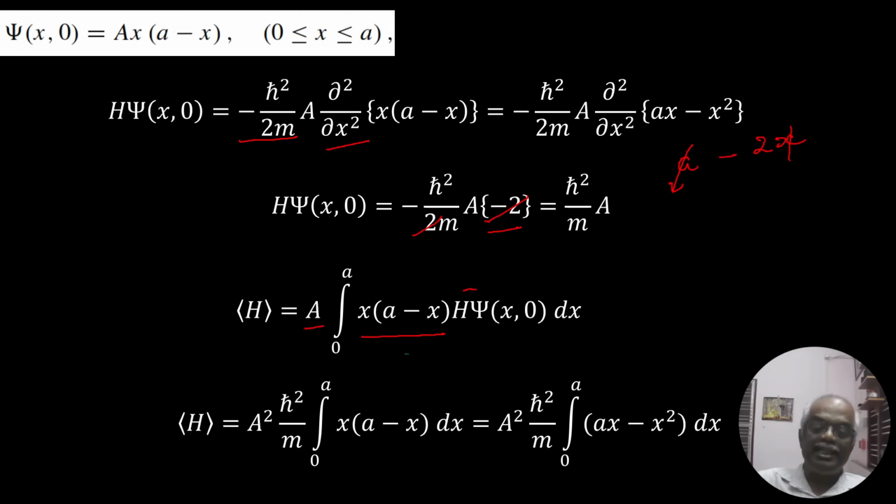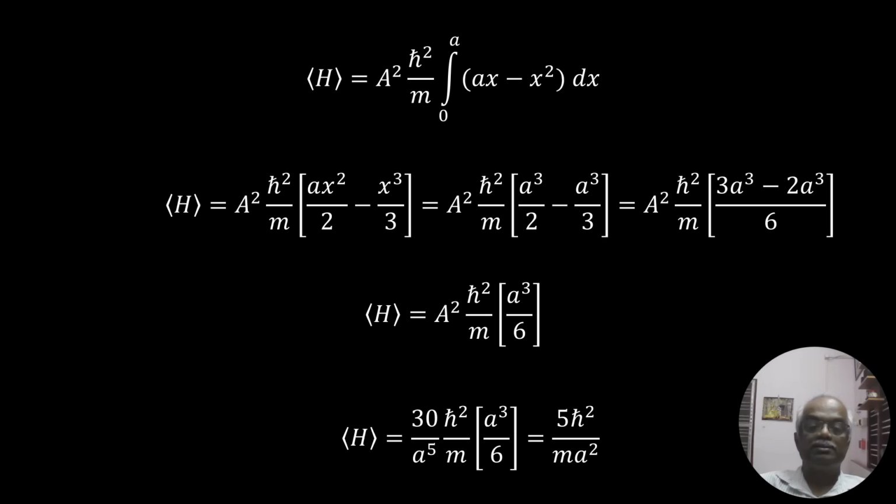When H acts on psi, you will get h cross squared over m, and already there is one A here, so it will become A squared h cross squared over m, and you integrate x into (a minus x) dx. As usual, you bring x inside the integral, you will get ax minus x squared.